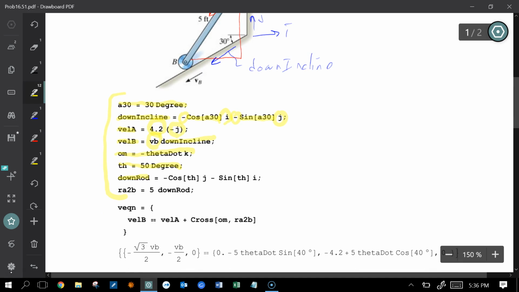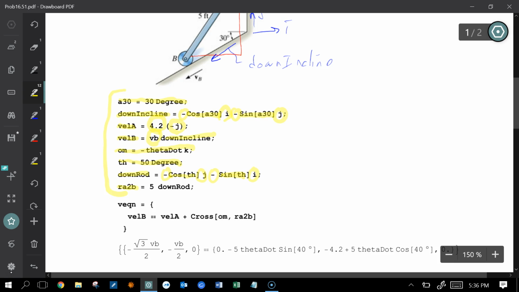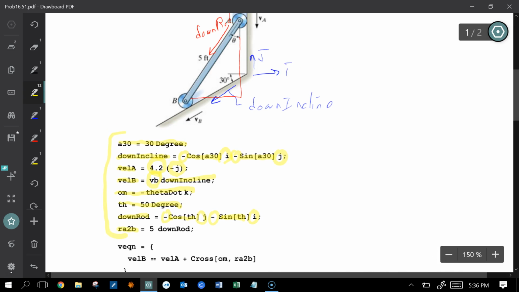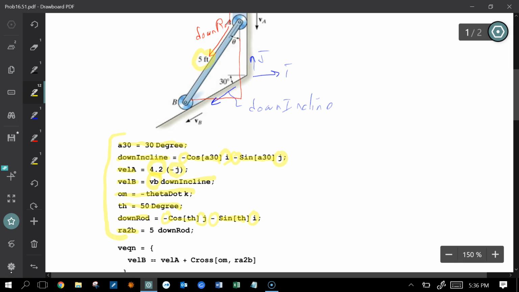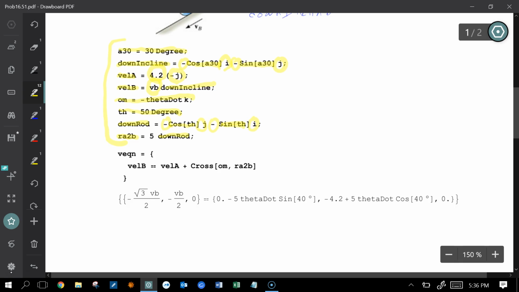So that's going to be cosine theta down, negative J, and it's going to be sine theta left, minus I. So my R from A to B is the distance 5 down the rod. So that's my vector for that guy.